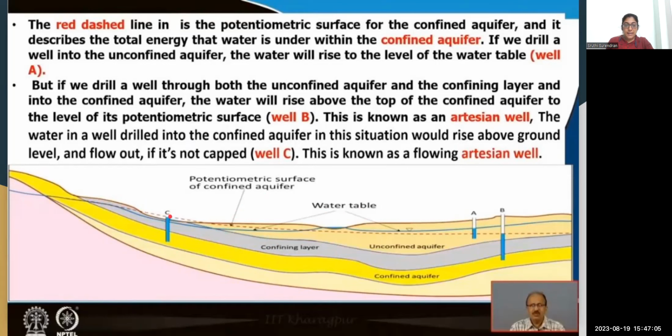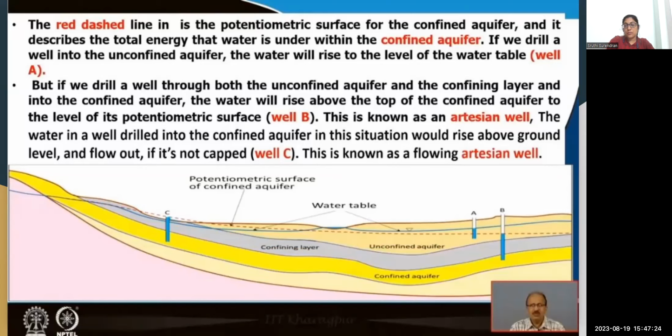This imaginary line indicates at what level the water will reach if there was no confining layer, if a tube well is inserted into a confined aquifer.